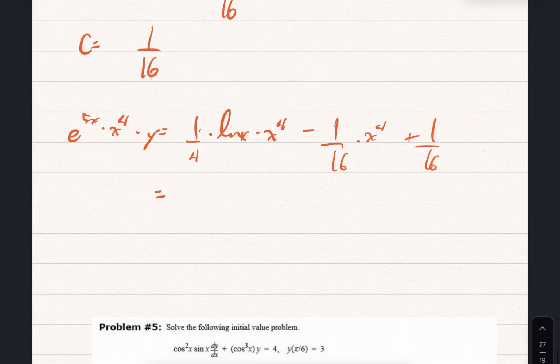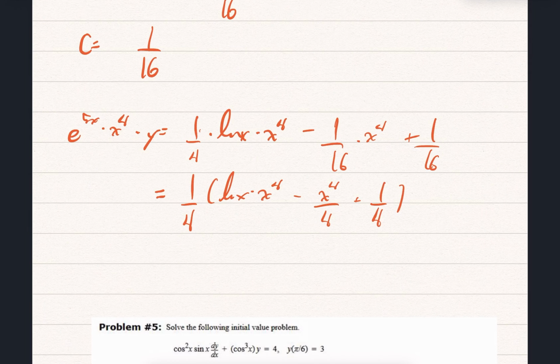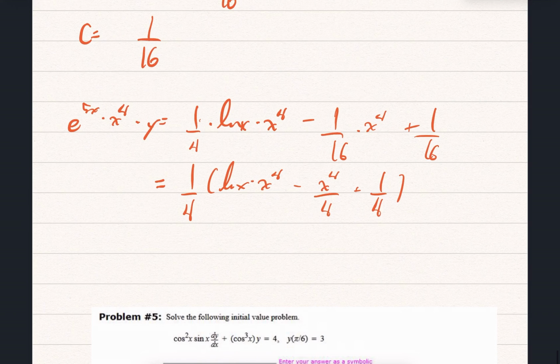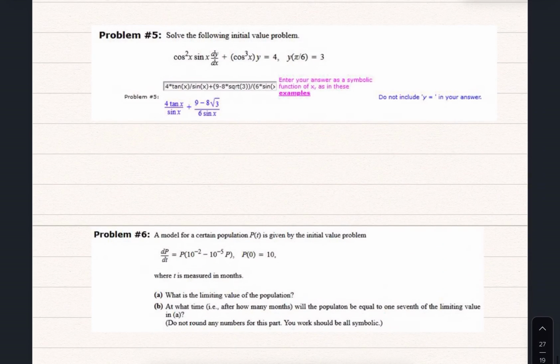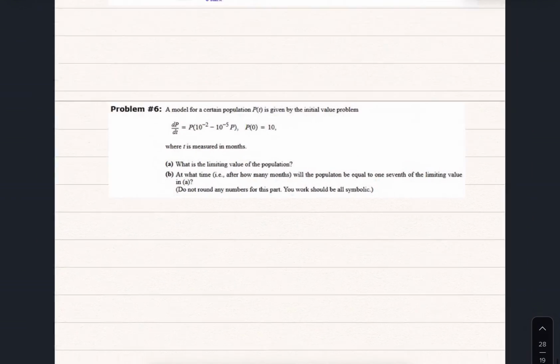So if I factor out 1 over 4 right now, then I'll get ln x times x to the 4 minus x to the 4 over 4 plus 1 over 4. And yeah, this would be e to the 5x times x to the 4 y. And this is your final answer. And it is correct. Okay.